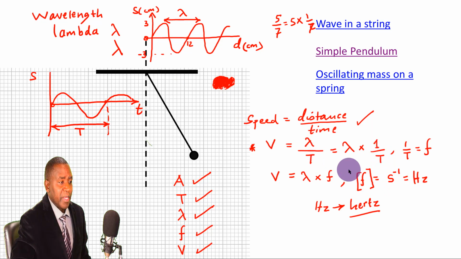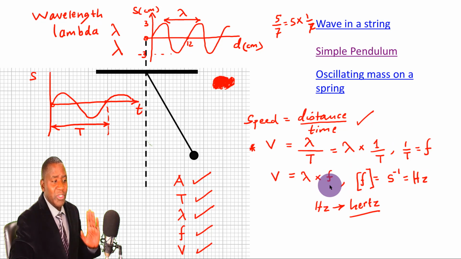So, I can split this equation like this. Why I split it like this is because later on I'm going to show you that when I get the inverse of time, I will get the frequency. I will show you in the next lecture. So instead of 1 over T, I can use f, and that is how f comes in here. So 3 equations that are linked to each other.